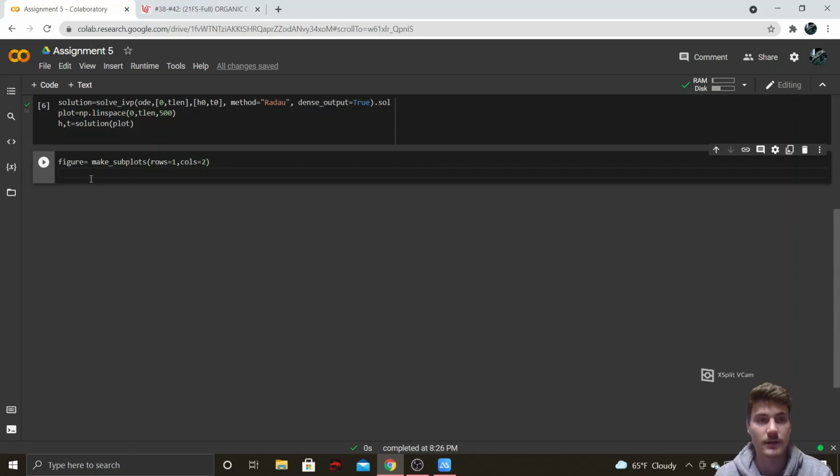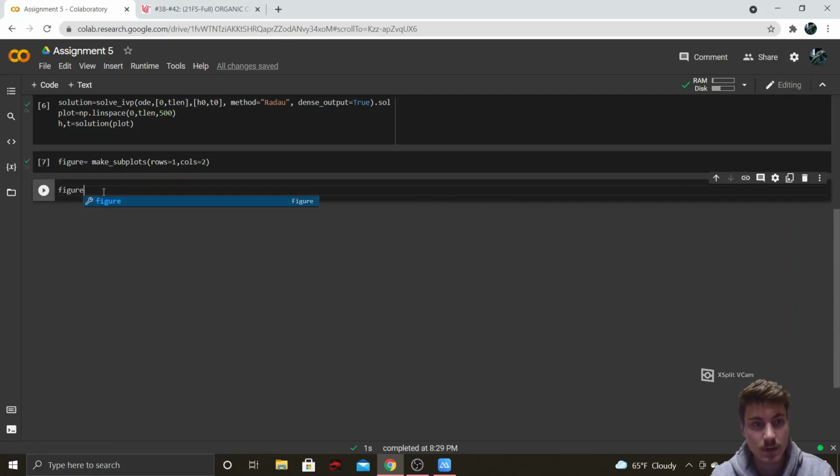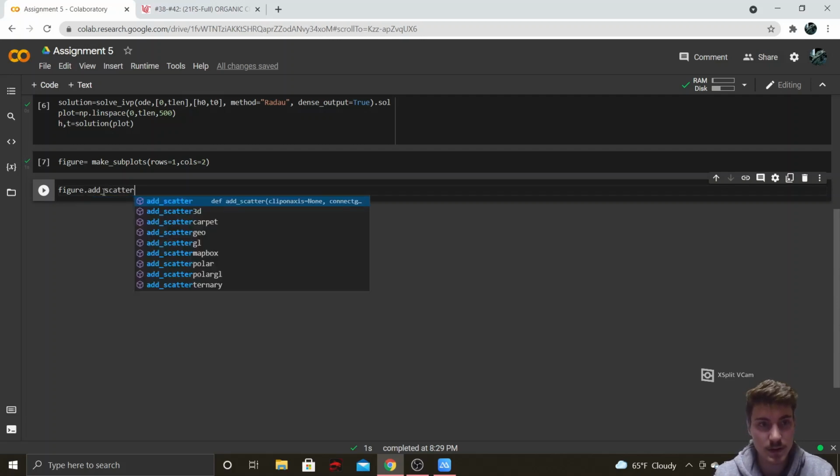So now, figure dot add underscore scatter, and then we want... How come it is not? Hold on. Let me shift enter that. Okay. Now figure dot add underscore scatter.